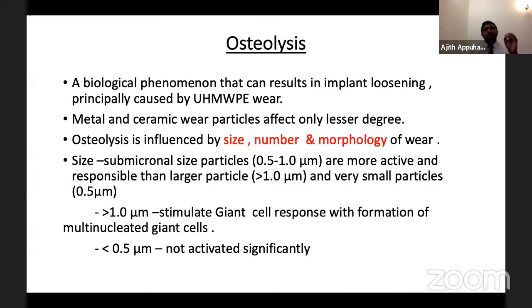But small particles less than 0.5 micrometers are quite inactive and develop a very insignificant reaction, not osteolysis. So the size of 0.5 to 1 micrometer is the active size for developing osteolysis. That is the MCQ point.